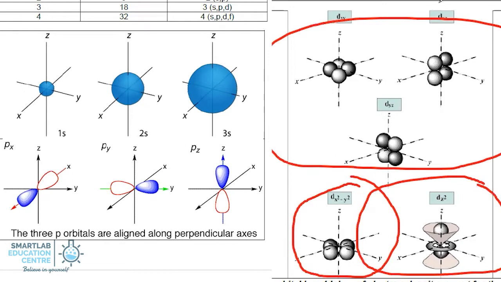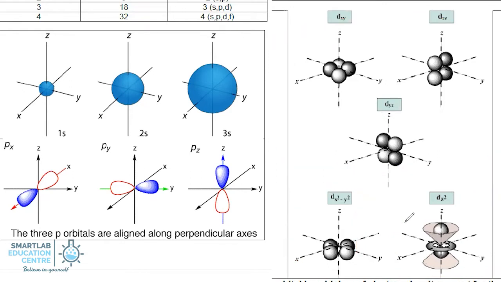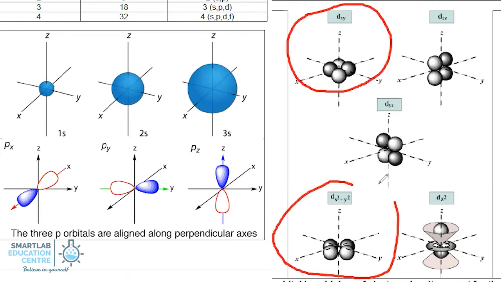I think the important thing that you need to bear in mind is that you need to be able to sketch them, label them, all right? And, more importantly, know the similarity and the difference between each of the orbitals. Specifically, a good discussion could be: what is the difference between dxy versus dx squared minus y squared?